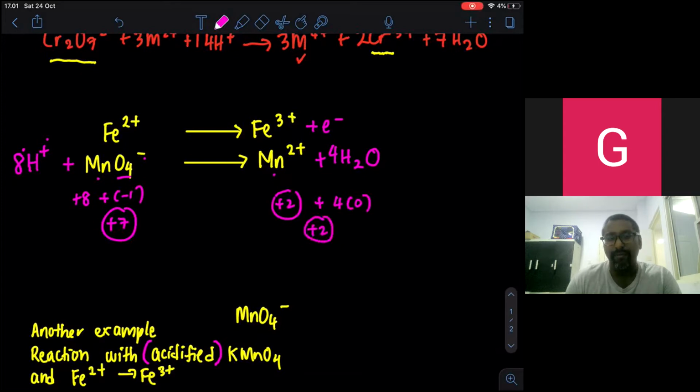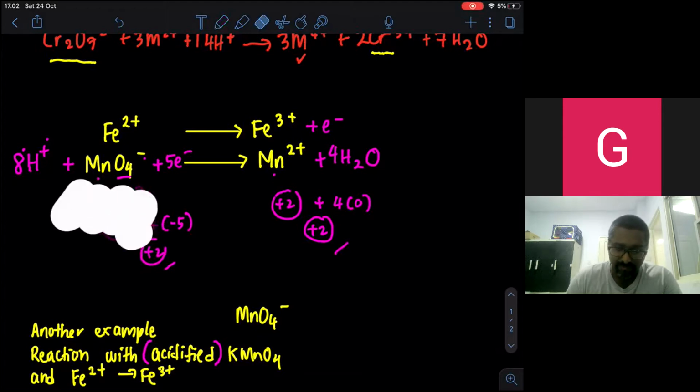So the only way to make them balance is by adding electrons. Electrons are negative 1, so you just need to take the side that has higher charge, in this case the left hand side. I'm going to add a certain number of electrons so that I have positive 2. In this case I will add 5 electrons. When I add 5 electrons, it's minus 5, so I'm going to get plus 2. So left and right are the same. That makes our half equations completed.